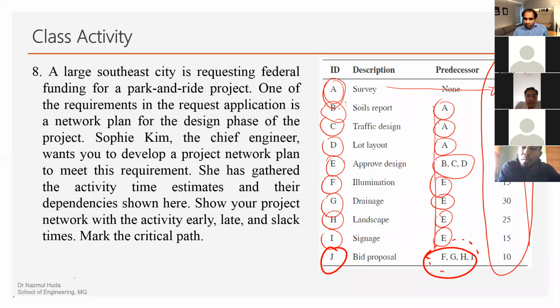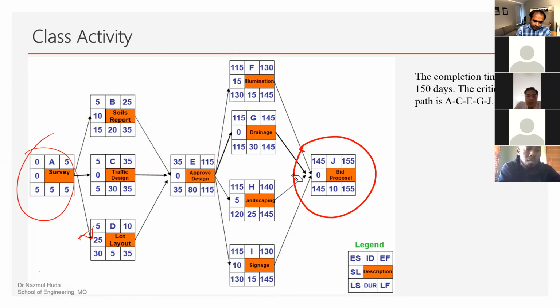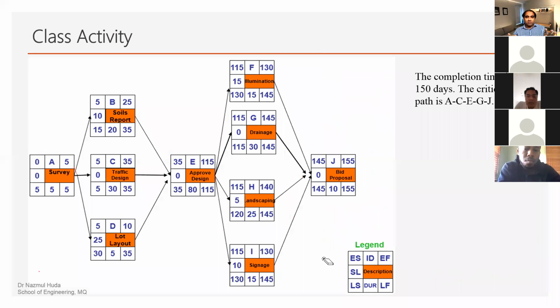The duration is in the very last column. You can see the duration number. Then start from A, which is 5 days. Now that you have the project network diagram completed, you start filling the early start, early finish time.